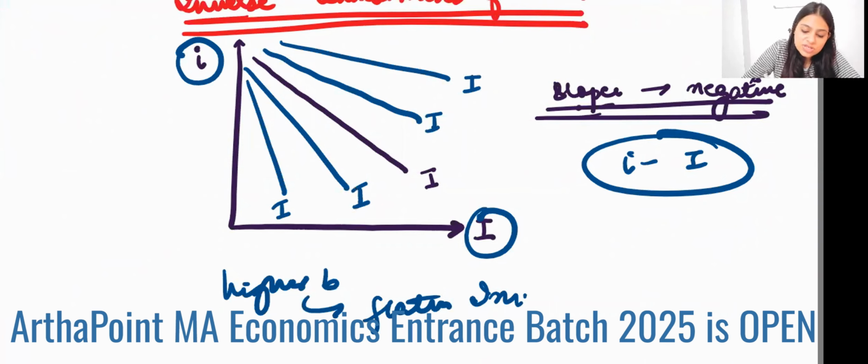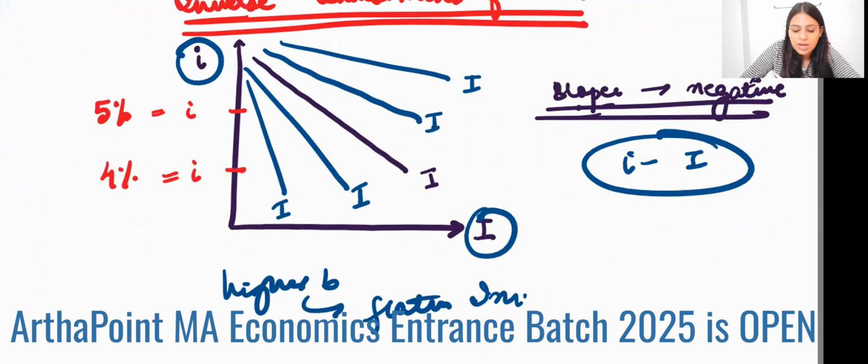How? Supposedly take any interest rate. Say interest rate is 5%, and here say interest rate is 4%. Suppose I ask you what happens when interest rate increases from 4% to 5%, and I take it here.